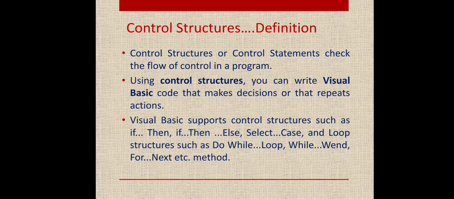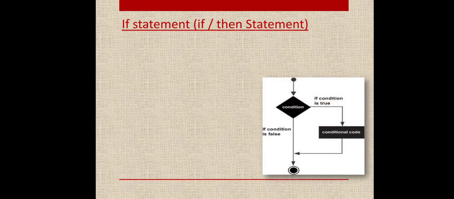We will discuss all these statements one by one, and we will also discuss the flowchart of these statements, and we will also put a program and example for every control statement. The first statement we will discuss is the if statement, also called the if then statement.